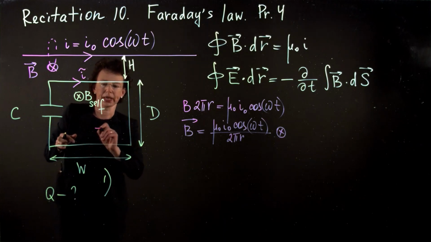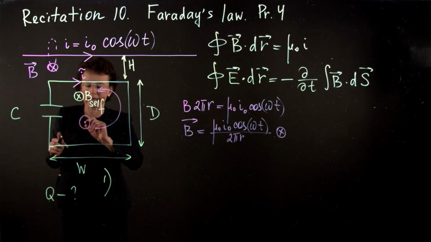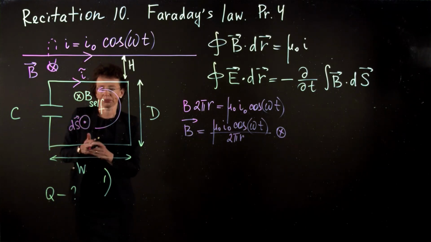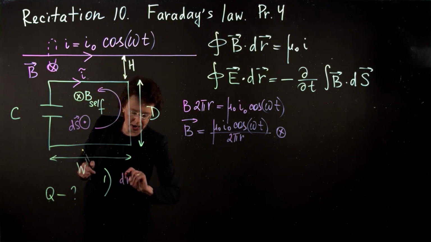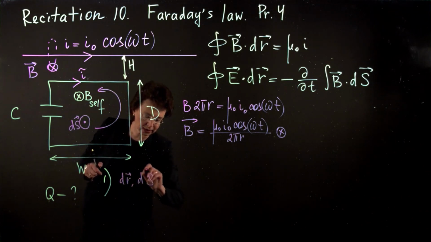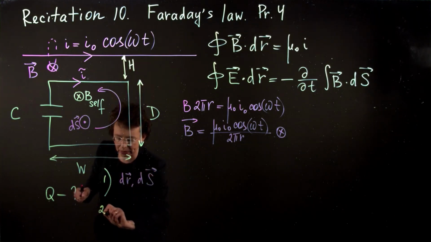So this is the way we go around the loop, which makes ds out of the page. Okay, first was the direction of dr and ds that follows from dr. Second step, what is our second step?